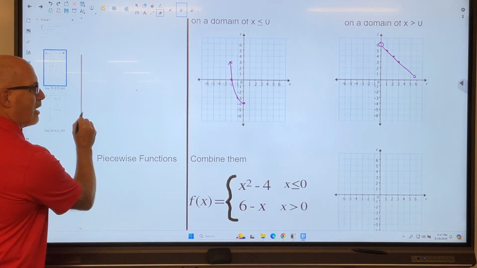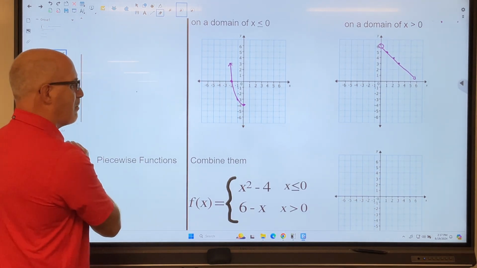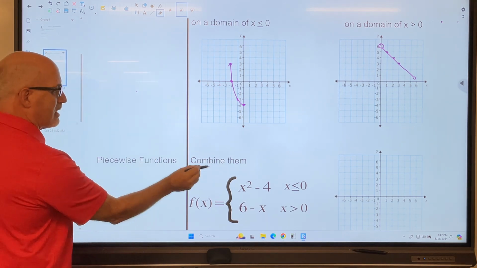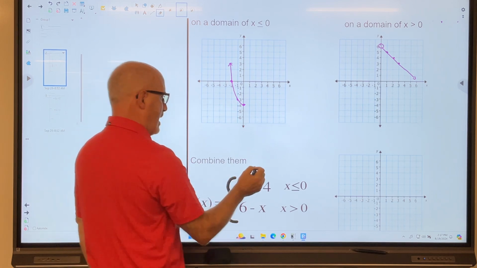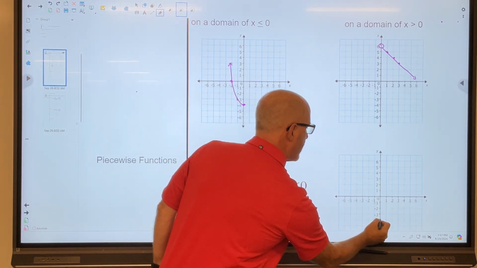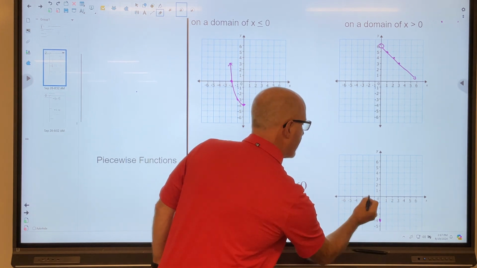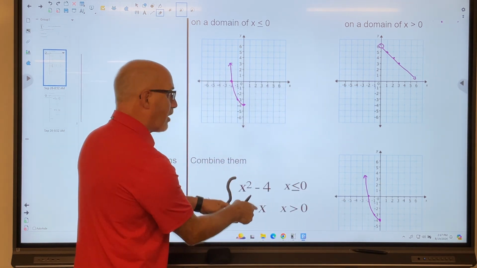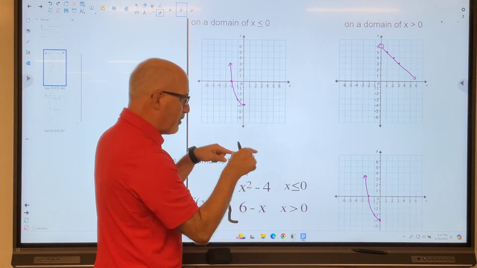Let's go ahead and put those together, combining these two. I'm going to take this graph here and write it on my graph here. So -4. I'm going to draw this graph. And then I'm going to do this part, what I did up there, and put that on the graph.